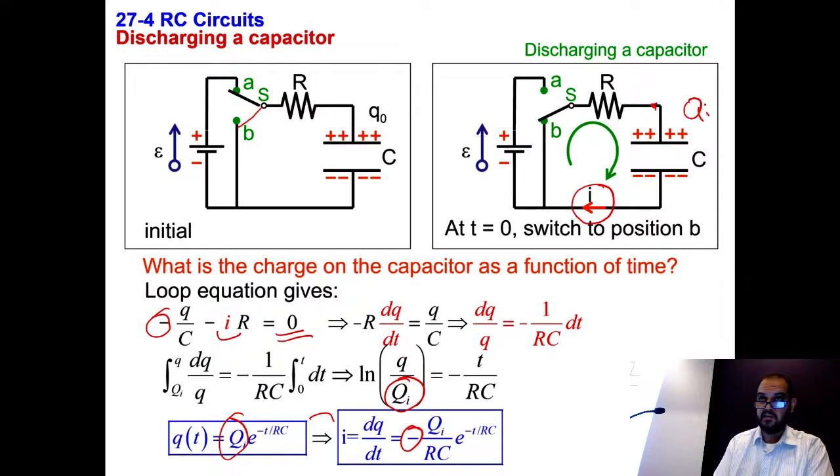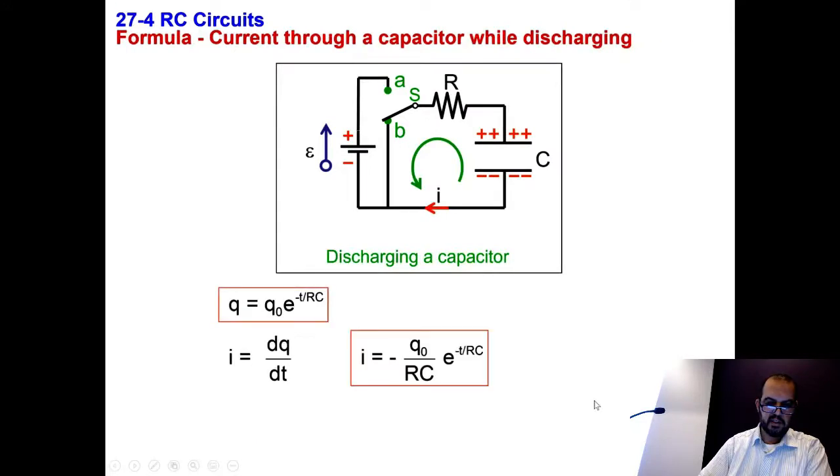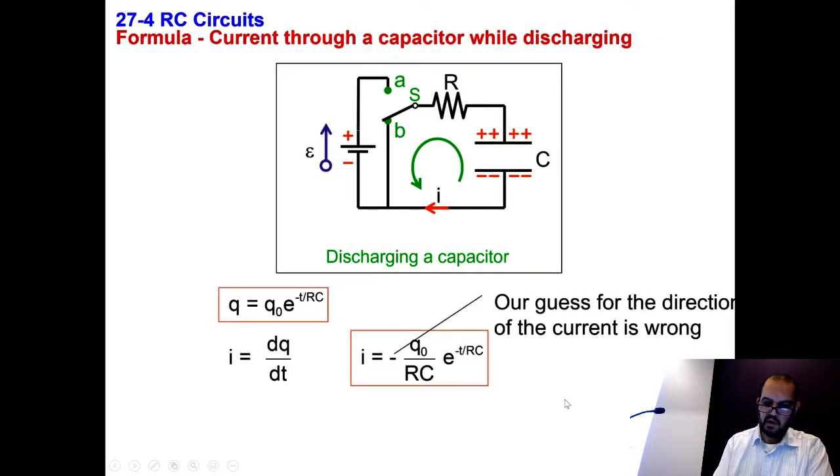Because of the negative sign, that means the current direction I assumed is wrong. Because I have a negative sign. So really, I can correct that. Our guess of the direction of the current is wrong, so I can cross that and put the current in the opposite direction.